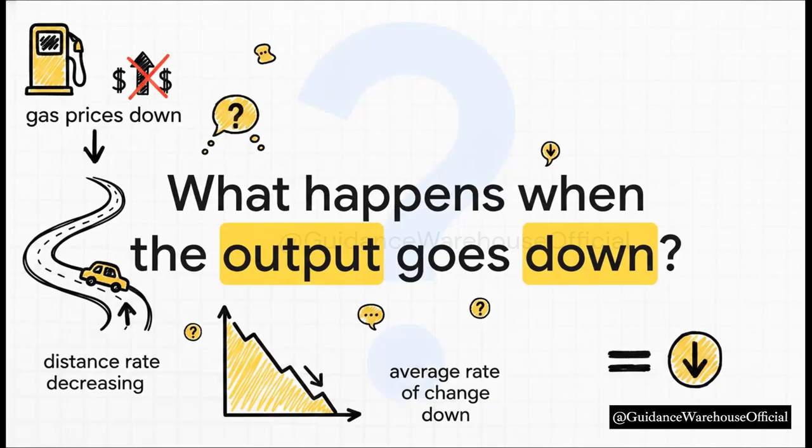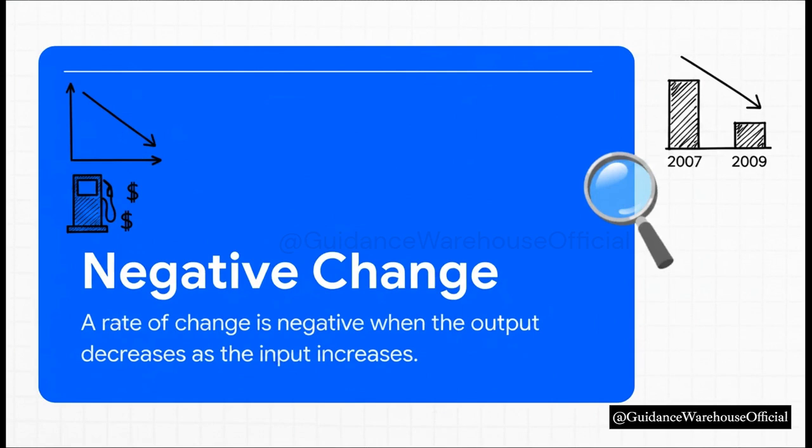But let's pause for a second. We've seen an increase in gas prices and an increasing distance on a road trip, but what happens to our formula when the output actually goes down? Like, what does a negative result actually mean in the real world? Well, it's pretty simple, actually. A negative rate of change just signifies a decrease. For example, between 2007 and 2009, gas prices actually dropped, thankfully, from $2.84 down to $2.41.